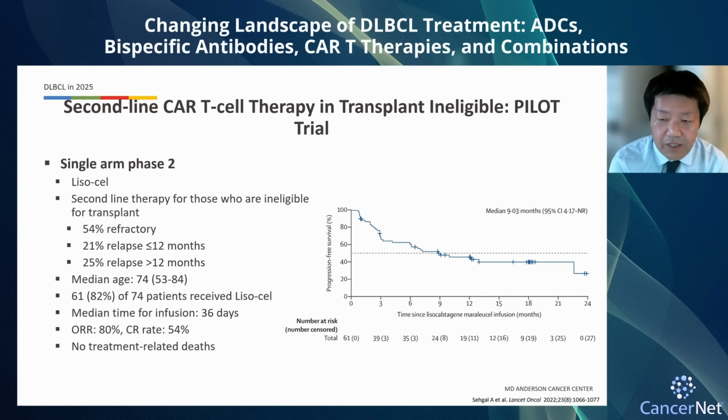As shown here, the outcomes were comparable to those seen in other CAR T-cell studies, including similar response rate and survival curve. Importantly, this trial also included patients who relapsed after 12 months, suggesting that CAR T-cell therapy remains a reasonable option even for those with late relapse who are not candidates for transplant.